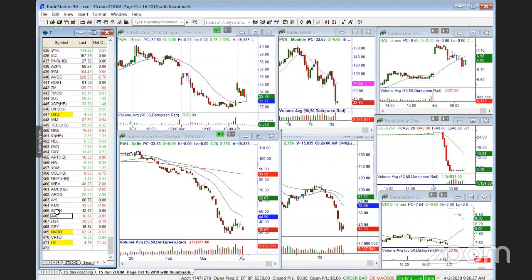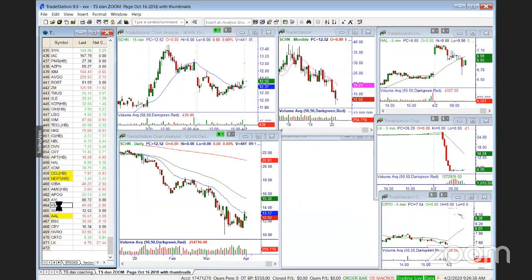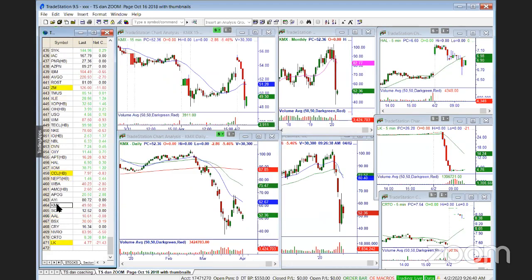PVH we looked at, shown. I think they came out, it's either earnings or they came out and said no forward guidance. But I expect that from pretty much everybody. I can't think of any industry that's not affected by this pandemic, just different degrees.